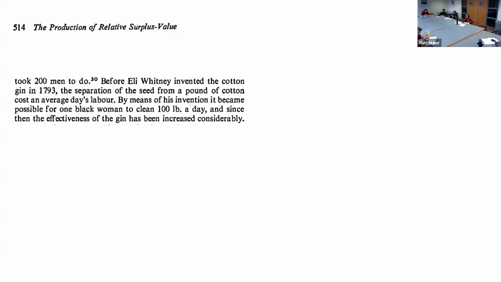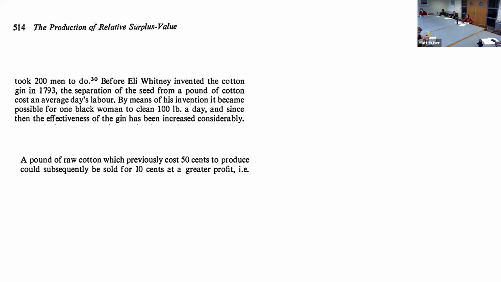So a pound a day to 100 pounds a day, right? So that's the difference machinery makes. We're talking about orders of magnitude. And that really affects the price or the value of these things, right?